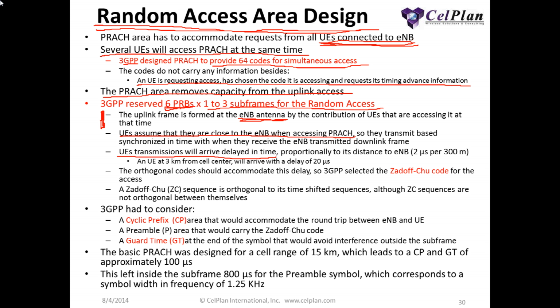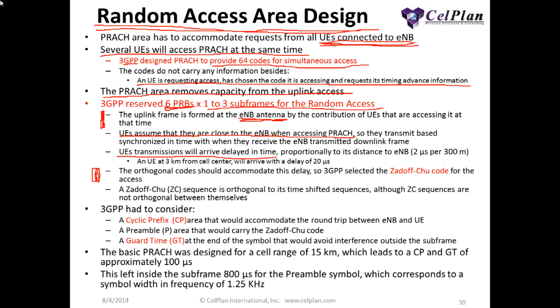The orthogonal codes selected by 3GPP are the Zadoff-Chu codes that we already covered in the first part. And those codes can provide several sequences, and those sequences are not totally orthogonal between themselves. Some are more, some are less orthogonal.